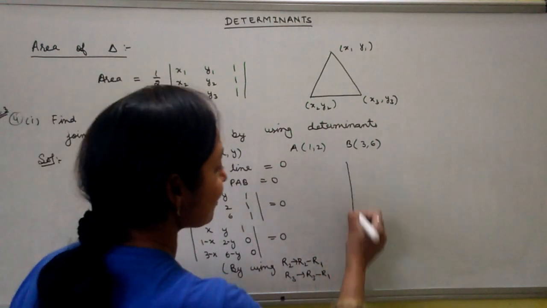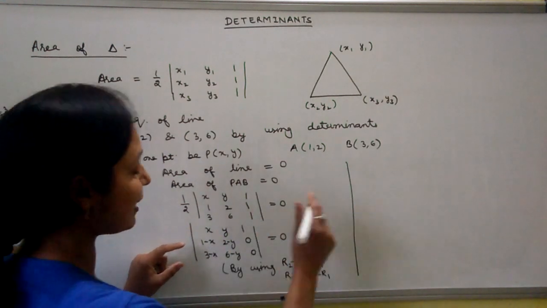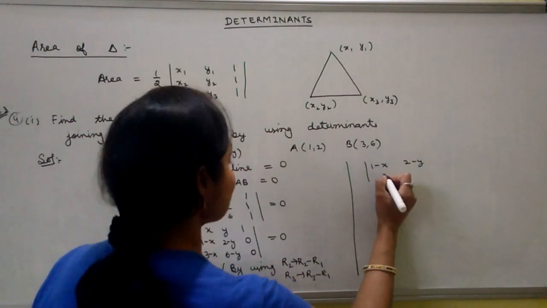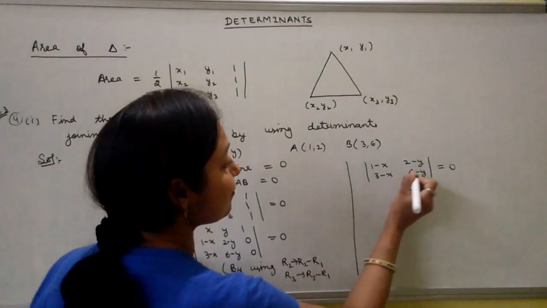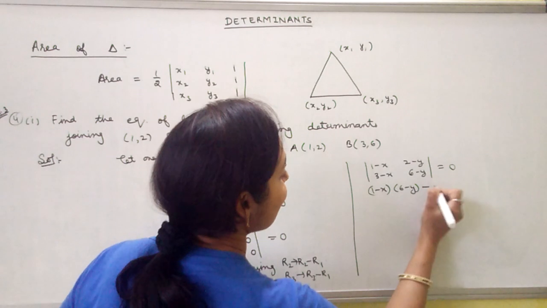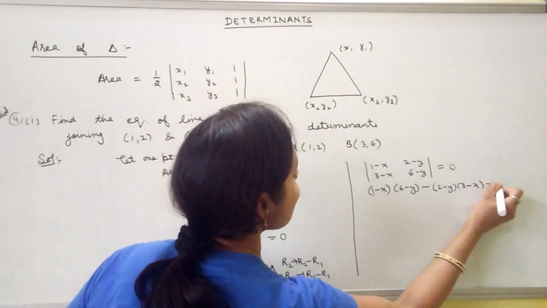Okay, now come to the equation. When you expand, this column and row will cancel. We have 1 minus x, 2 minus y, 3 minus x, 6 minus y equals 0. Now multiply these two: 1 minus x times 6 minus y, minus 2 minus y times 3 minus x equals 0.